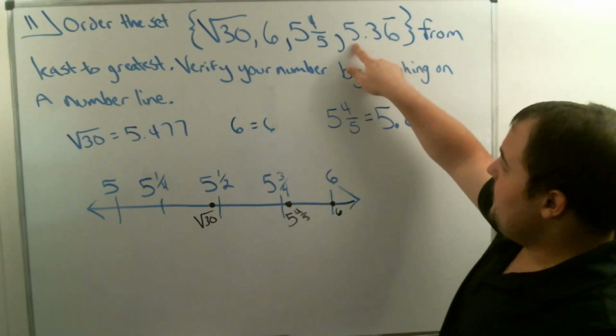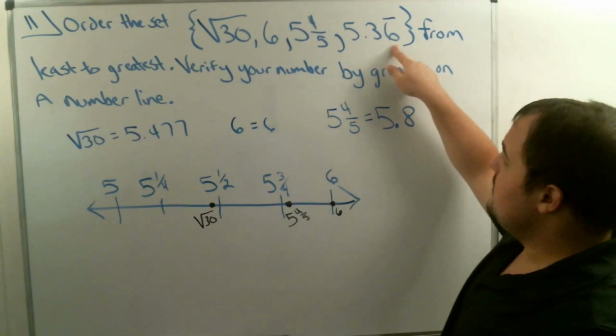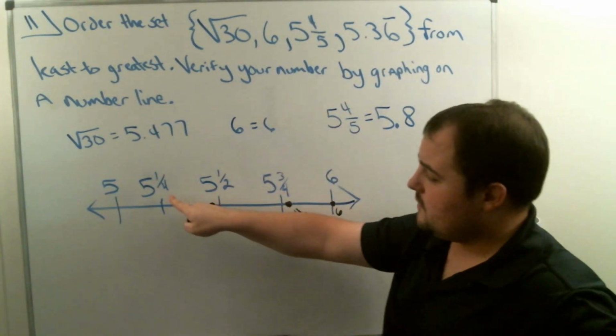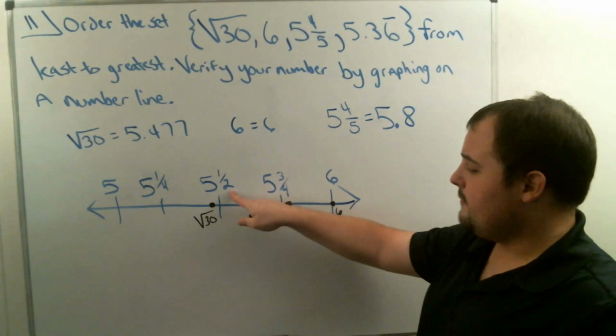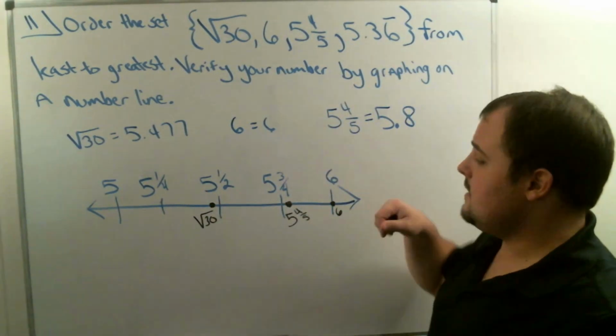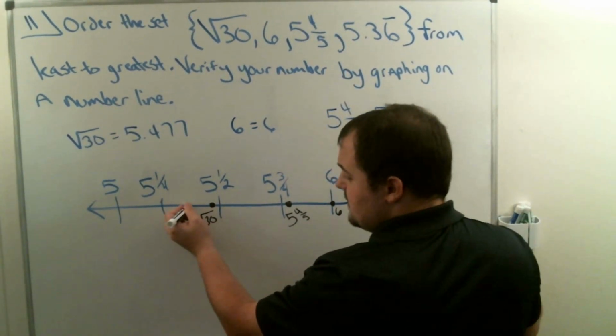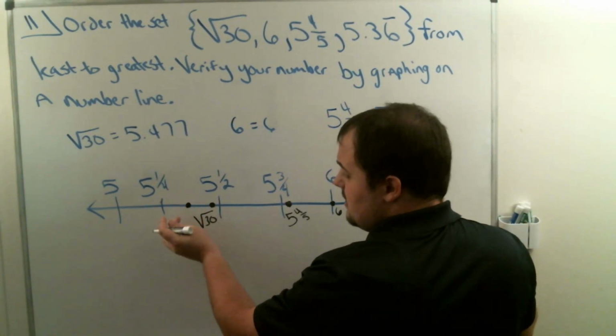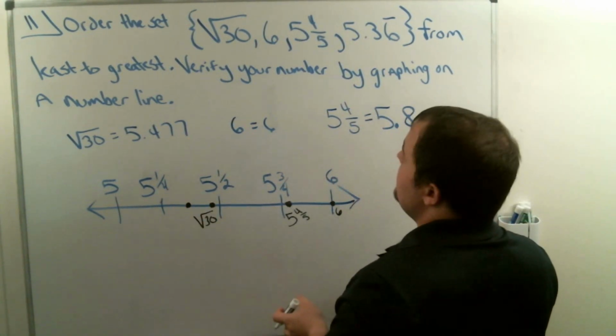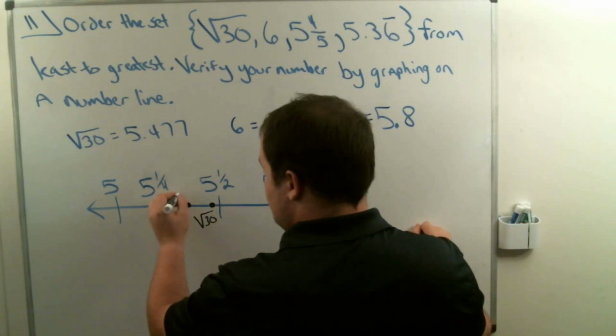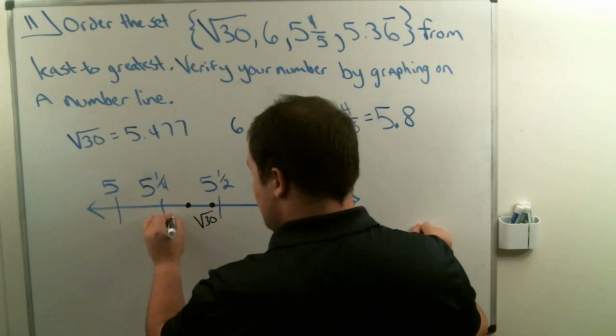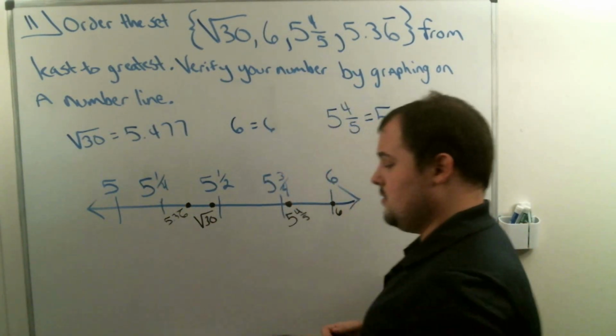And now the last one, 5.36. Okay, well this is 5.25, this is 5.5, 5.36 would be just a little bit, maybe more like in the middle between these. So I'm going to write that this is where 5.36 repeating 6 goes.